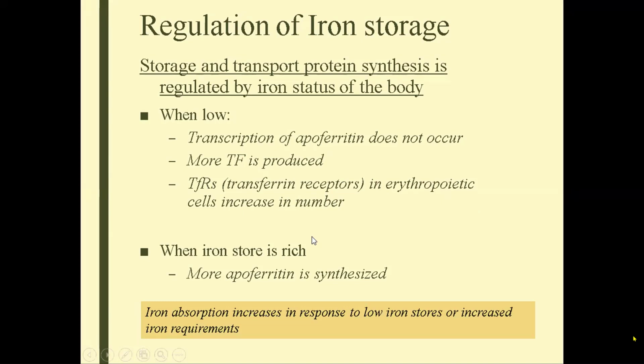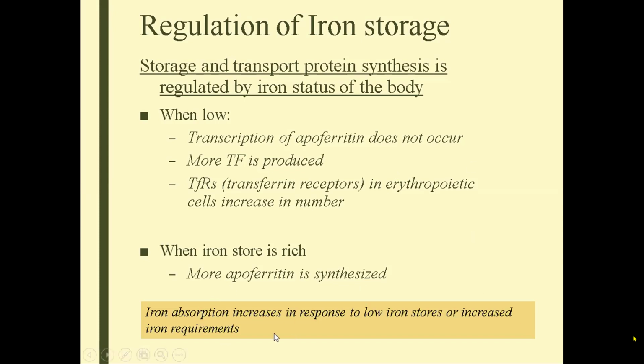So same, right? Very to the point. When iron is low, the storage protein will be less, and the moving or binding protein will be more, right? Similarly, when iron store is replete, more apoferritin or storage protein will be synthesized, so that the remaining iron is just stored in the reticuloendothelial cells and other cells, right?